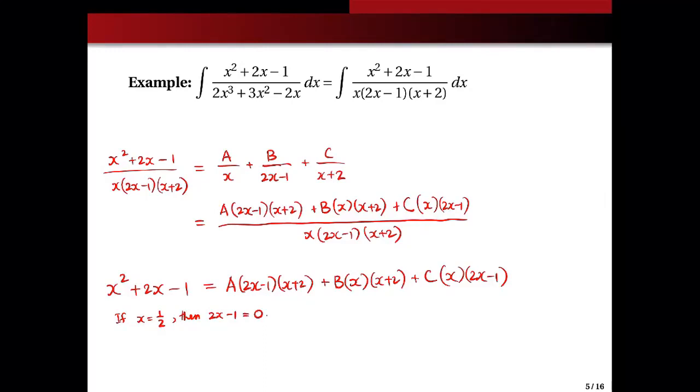If x equals 1/2, then 2 times 1/2 is 1, 1 minus 1 is 0. So if x equals 1/2, this will disappear. This will also disappear. And you are now left with B.